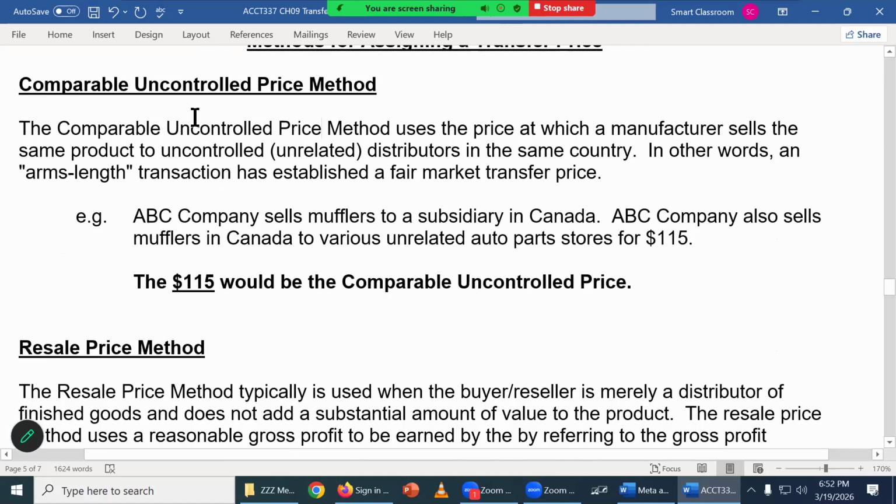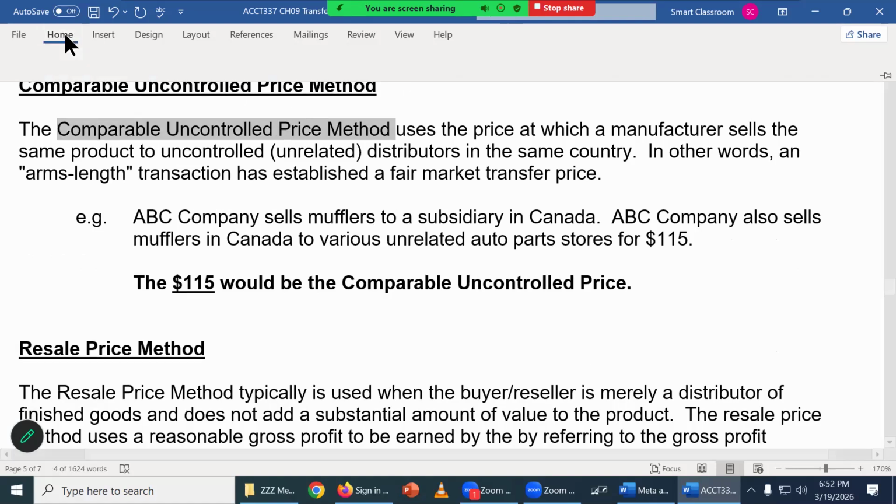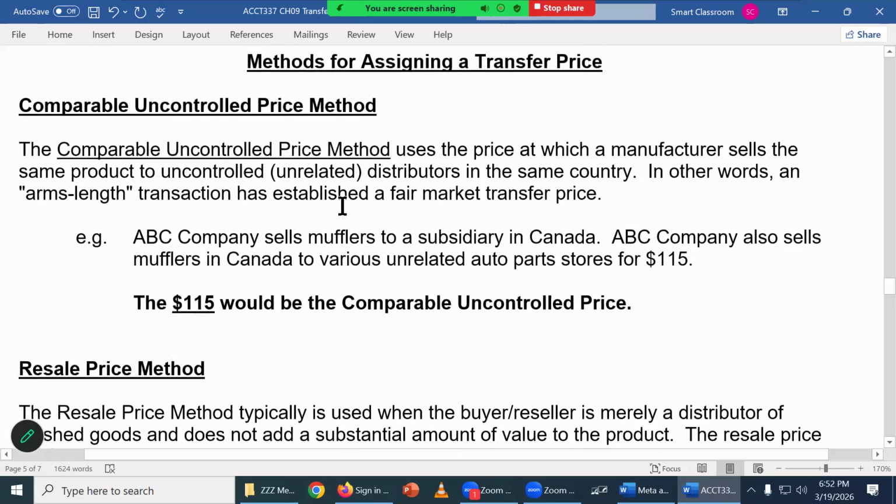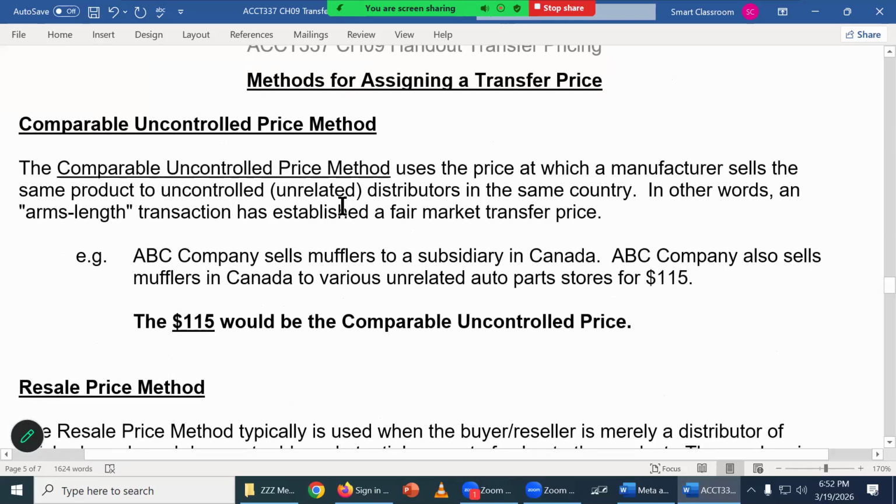Okay, the uncontrolled price method is kind of what it says. It's when you don't control it, the market controls it. There's kind of a fiction that people will sometimes say, that if you make something, you can sell it for whatever you want. You set the price, right? You can, but if nobody buys it, it's not a market price.